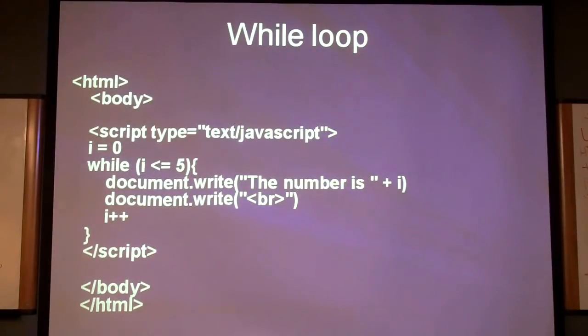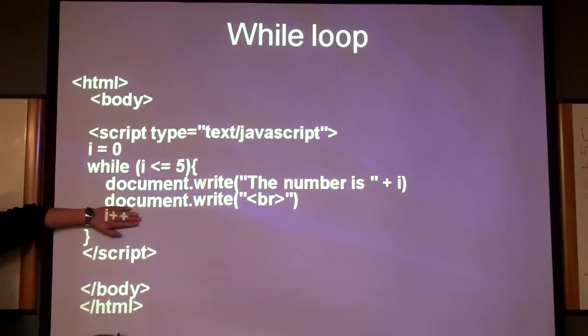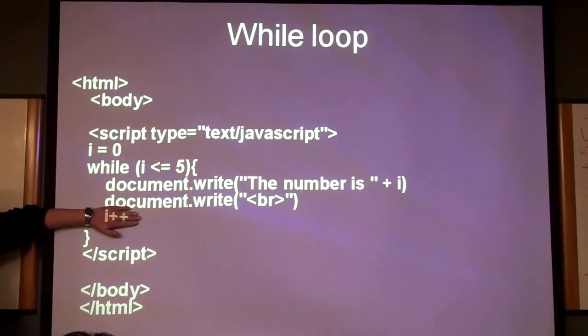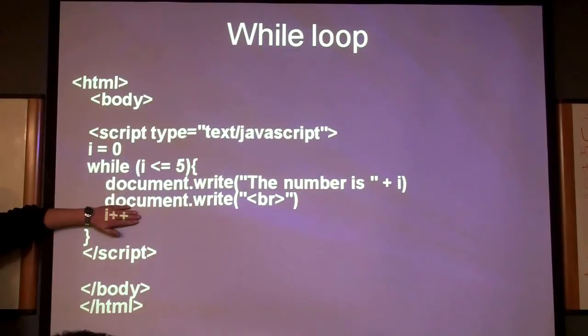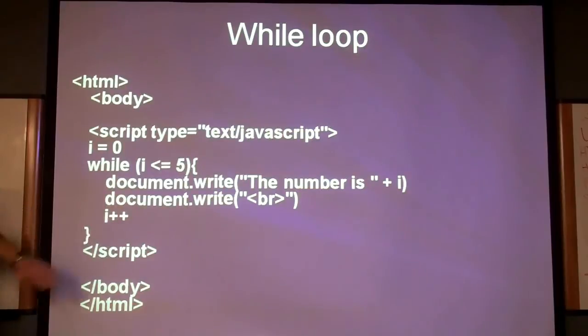In this case, this is the example of a while loop. I'm saying the condition is iterate this loop until the value of i is less than 5. Let's assume this line does not exist here. In that case, this loop will iterate eternally, because I'm not incrementing the value of i, so it will go until the resources of the computer are consumed.